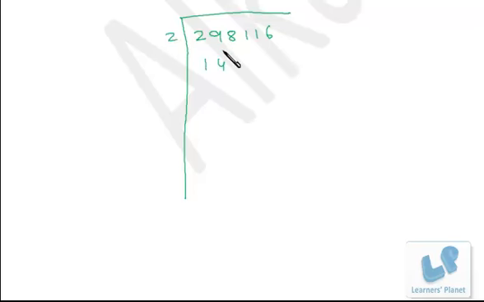Now suppose I have the number 298116. Okay. Dividing by 2, 2 1s are 2, then 2 4s are 8, 2 9s are 18, 2 5s are 10, 2 8s are 16. Further we divide it by 2. Then adding the digits, 7 and 4 is 11, plus 5 is 16, 17, 18 and 9 is 27.